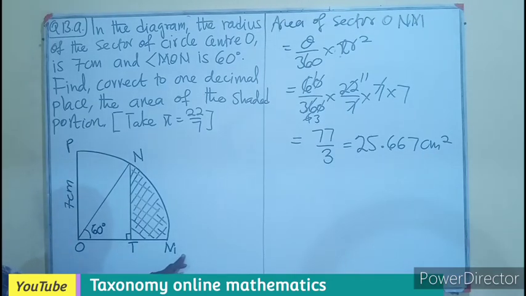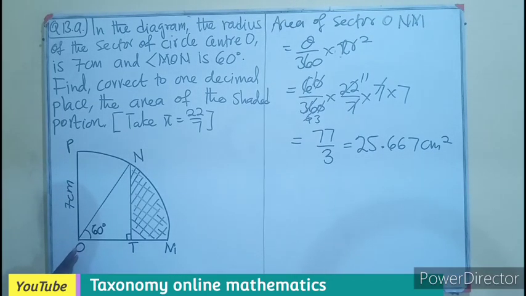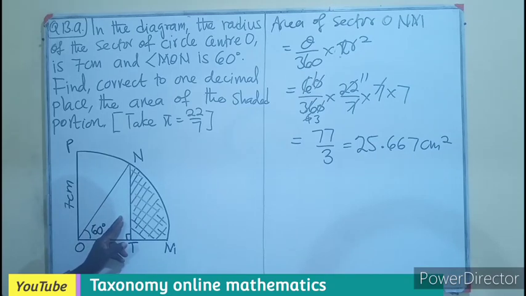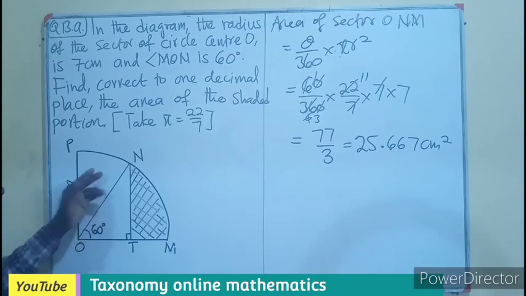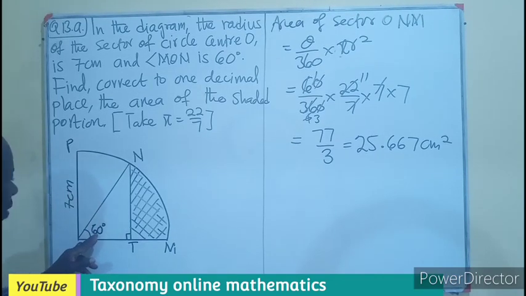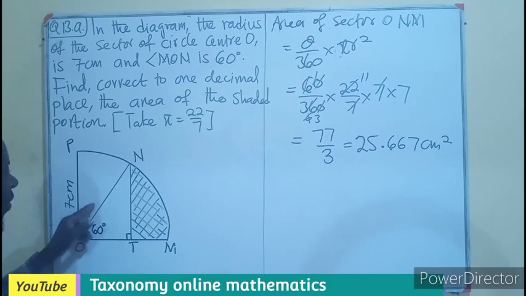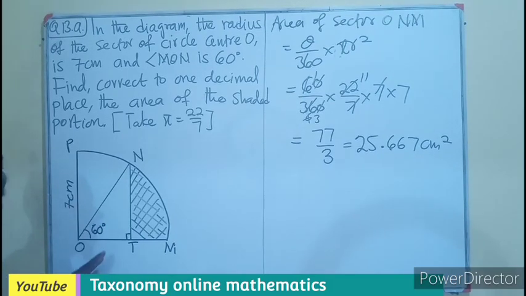Good. Now the next thing to find is the area of the triangle ONT. For that area we need the base and the height, but we don't know the height and we don't know the base. From trigonometry properties, if an angle is given to you and one side is given, you can find the others.